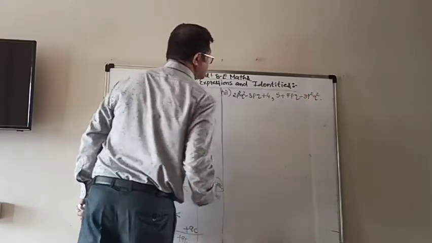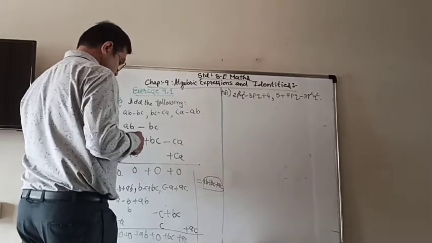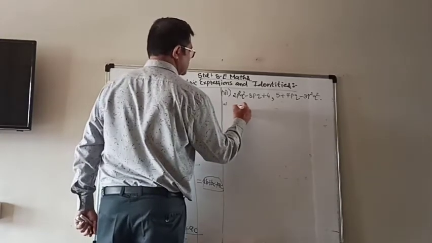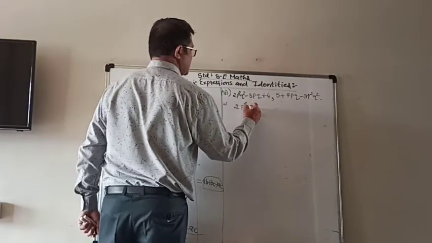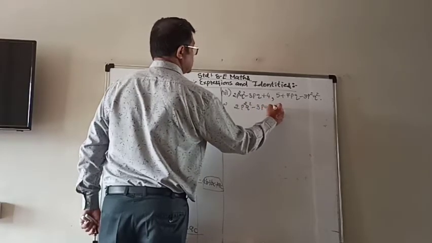There are only two expressions here. So now, the first expression we will write down first: 2p square q square minus 3pq plus 4.